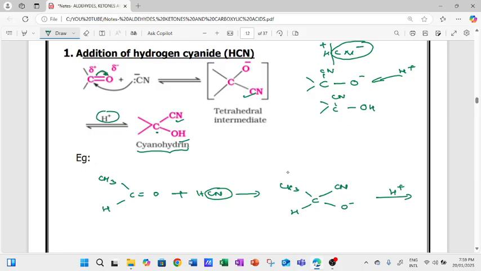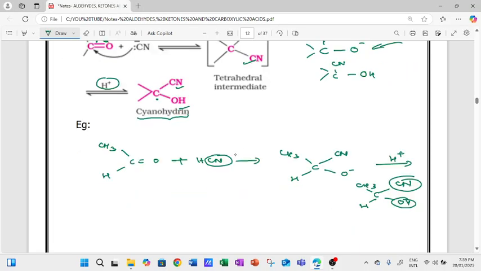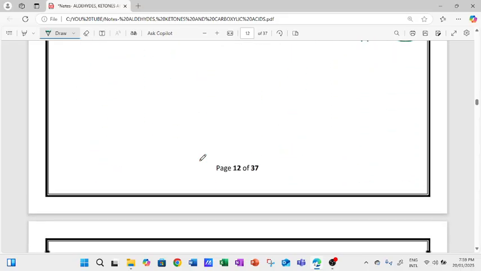So we get CH3, H, here CN, then oxygen with H, OH. So OH and CN come on the same carbon. So the product is called a cyanohydrin. Similarly, if it is a ketone, this hydrogen will be replaced by an alkyl group, any alkyl group. A ketone also will give the same product. So with HCN, we get cyanohydrin as the product.